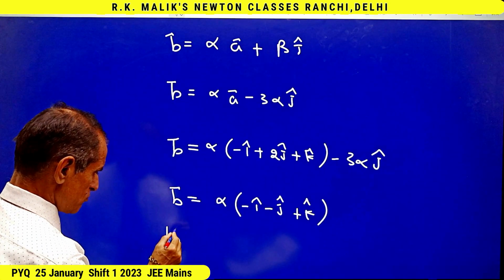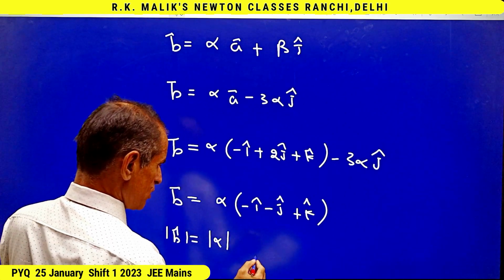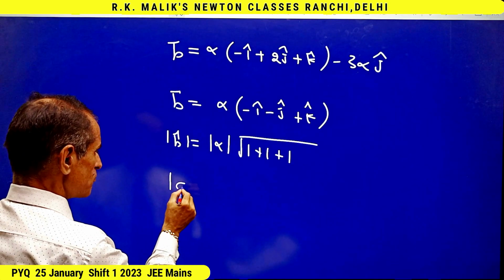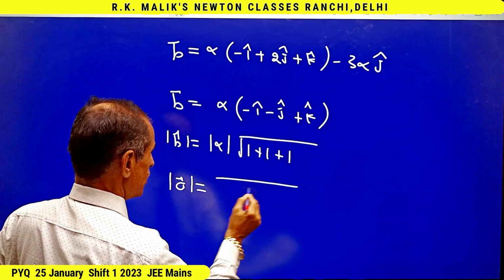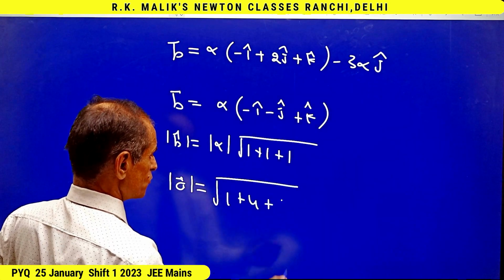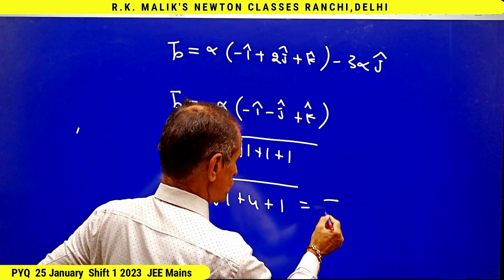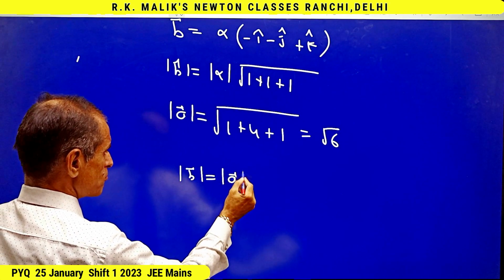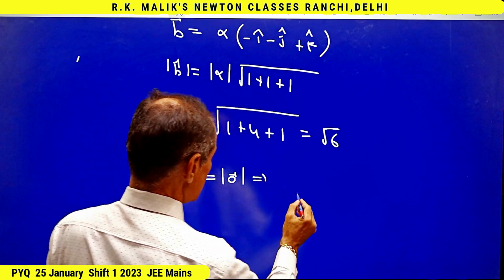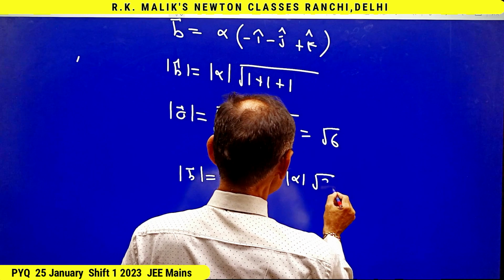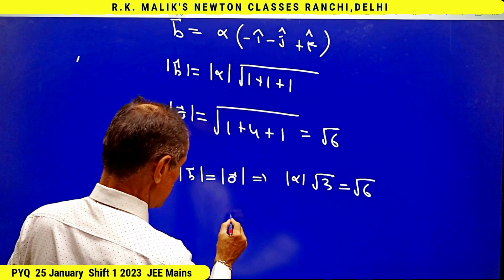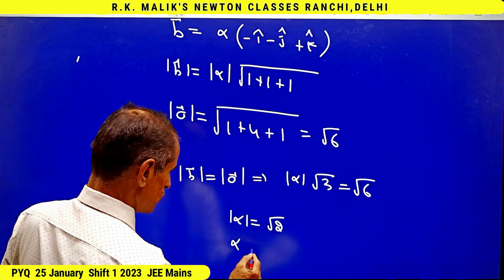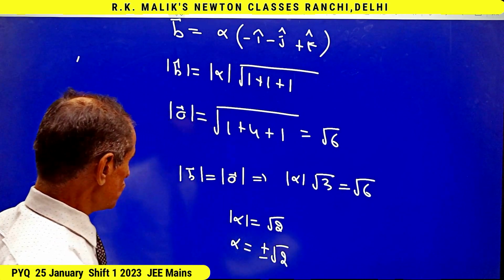Hence mod B equal to mod alpha into root of 1 plus 1 plus 1, and we know that mod A equal to under root 1 plus 4 plus 1, that is root 6, and clearly mod B equal to mod A implies that mod alpha into root 3 equal to root 6, that is mod alpha equal to root 2, that is alpha equal to plus minus root 2.